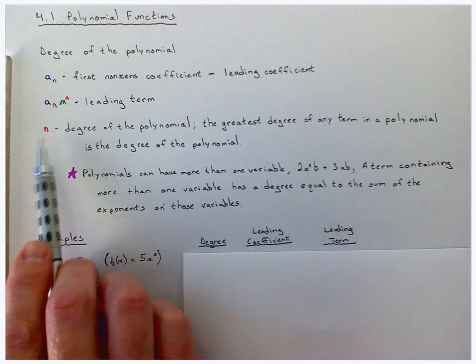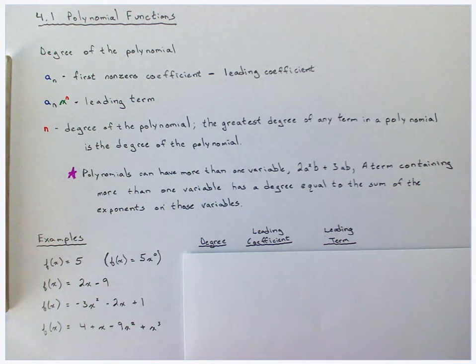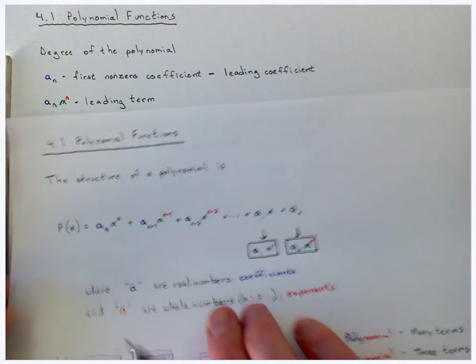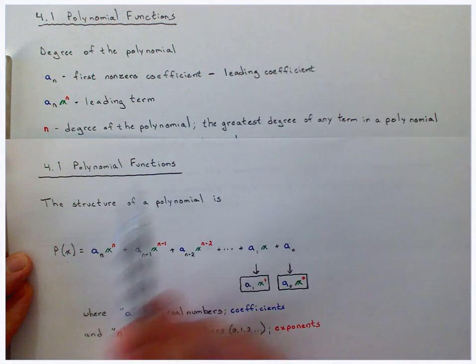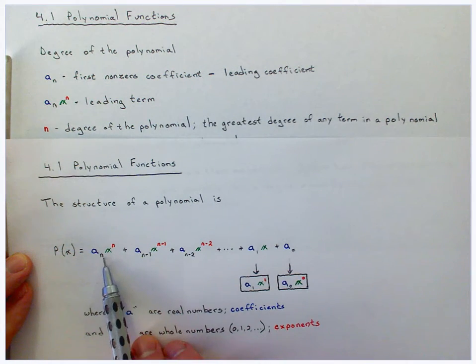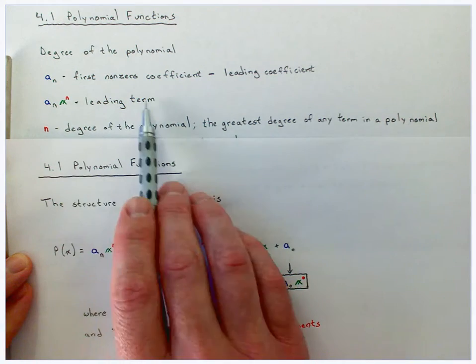And then n is our exponent. n is the degree of the polynomial, and it is the greatest degree of any term in a polynomial. That's the one that we're worried about, the one that tells us the degree of the polynomial. So again, we'll look at that. All right, so A sub n, x to the n, our leading term.